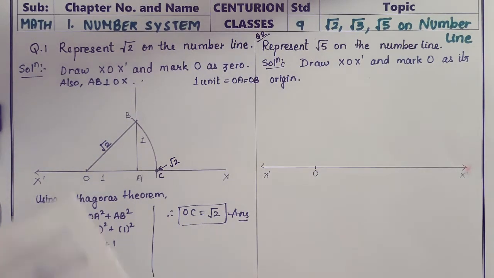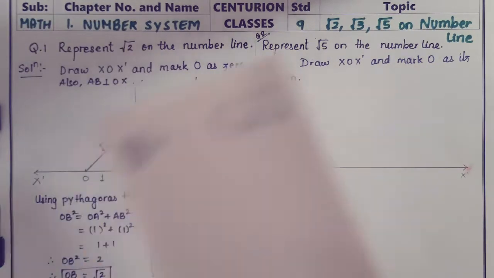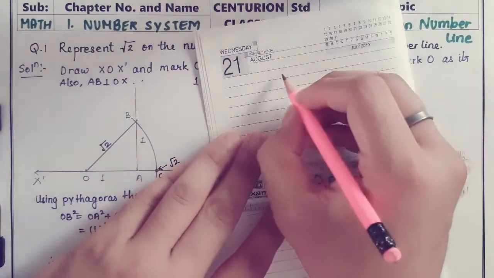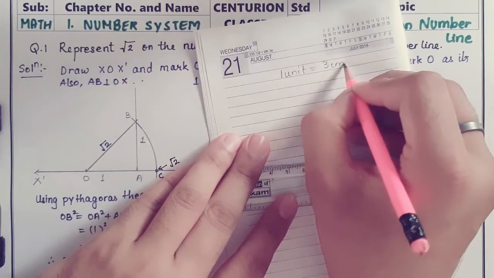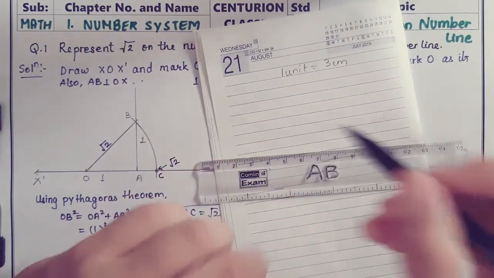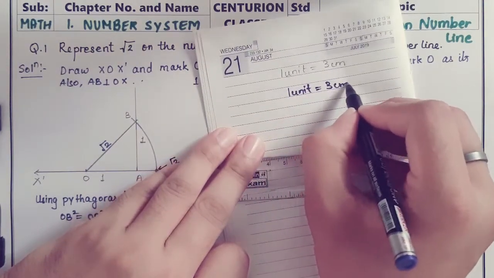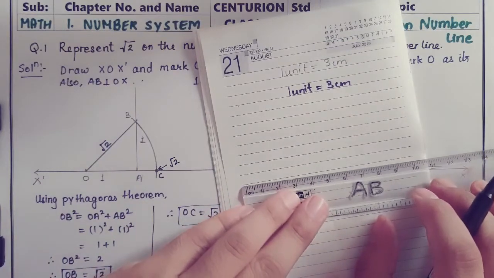Now as you can see, root 5 is given, and we want root 5 as the hypotenuse. So I'm going to take 1 unit as 3 centimeter. Now just pay attention over here.